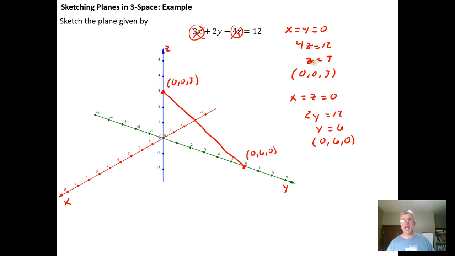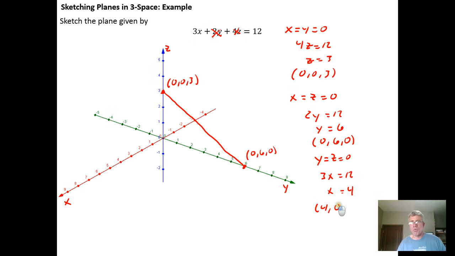And then we do the same thing again, but this time we let y equal z equal 0. If we're letting y and z equal 0, that's going to zero these two terms out, and we'll be left with the equation 3x equals 12, which means x will have to equal 4. That gives us the point x is 4, y is 0, z is 0, which corresponds to this point right here, the point (4, 0, 0).